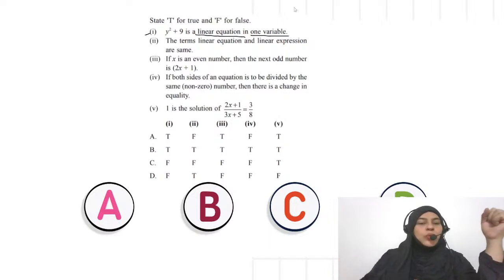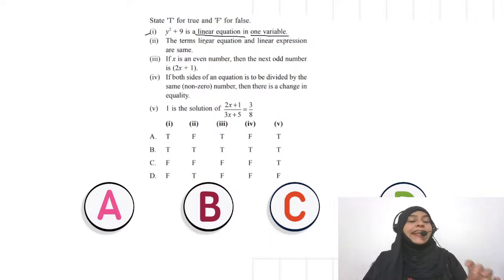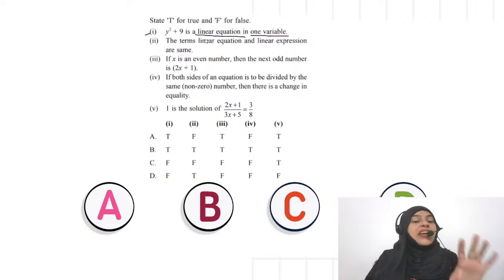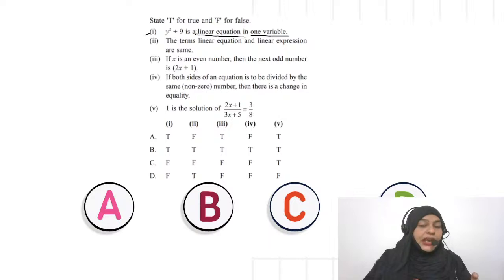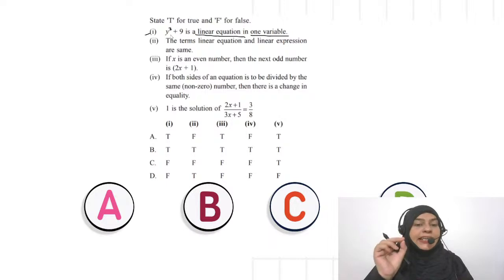Okay, I'll explain. What is the meaning of linear equation? The word linear implies that it must be an equation which has only one as the degree of that variable. And here the degree of the variable is 2. So it is not a linear equation. It is a quadratic equation because the degree of the variable is 2 here.